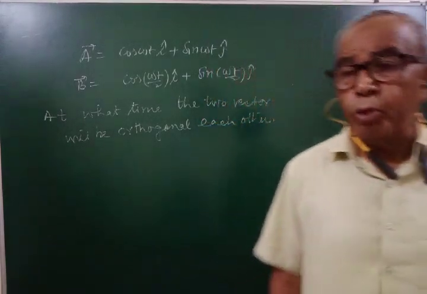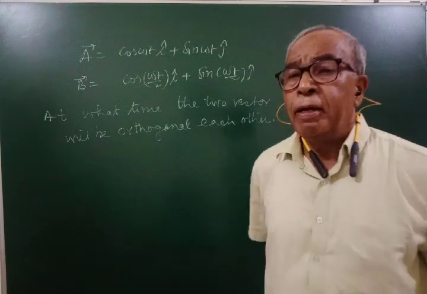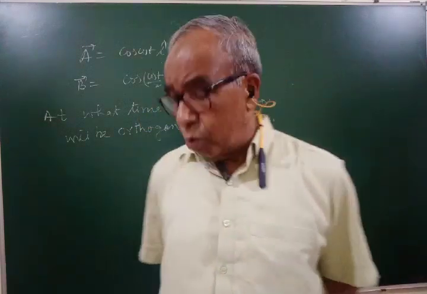By definition of dot product, you know, if two vectors are perpendicular, then their dot product is 0.